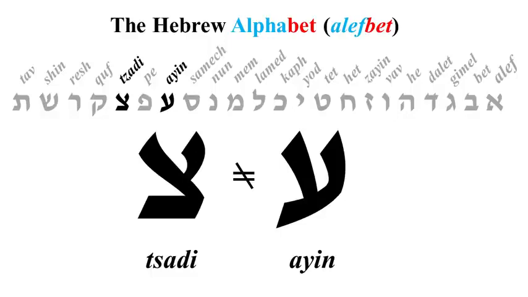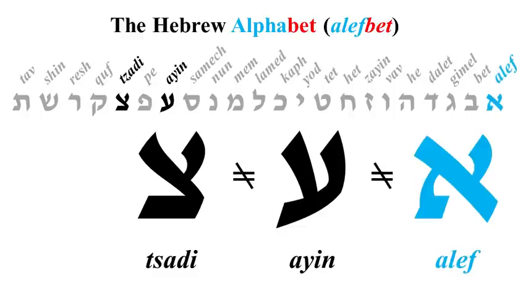They kind of look similar, okay? Nor is the ayin the letter aleph. And although it looks nothing like an aleph, the sound that it makes can often be confused, because the Ayin will make an A sound often. And we'll see an example of that later in the video.